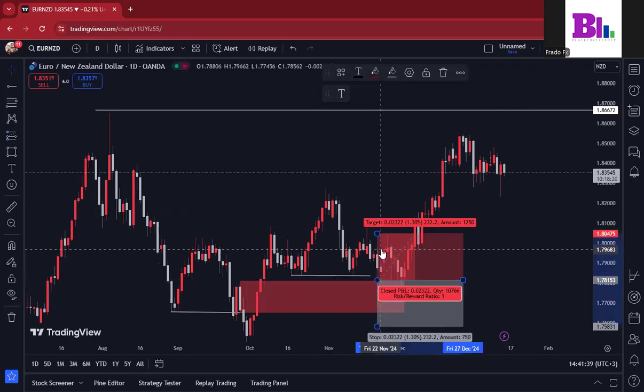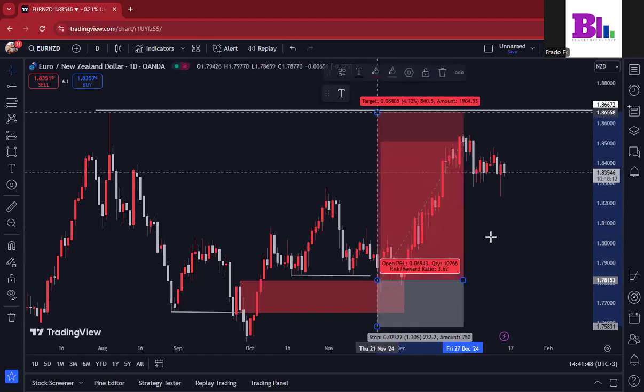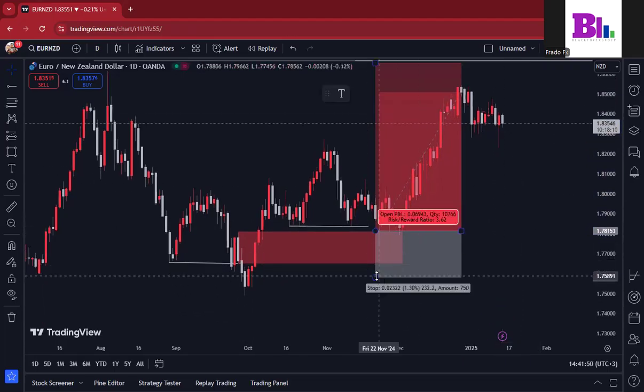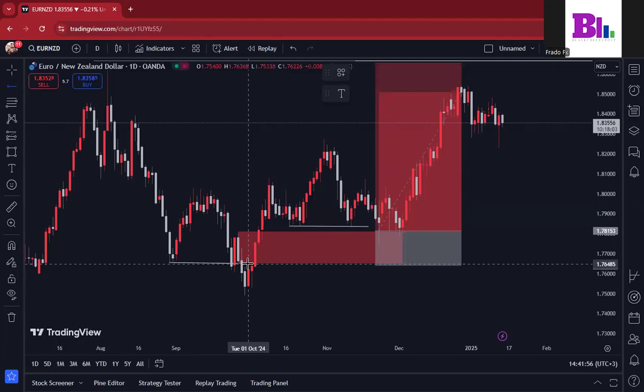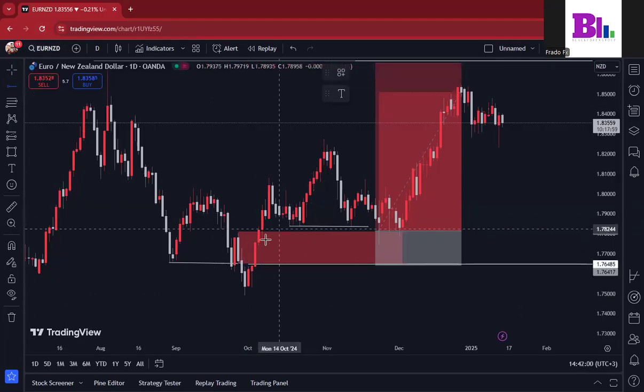at the breaker block here down. You can see, apart from having a breaker block, we had what we call a fair value gap. That's why we could confirm it very easily. Let me show you. You could see here we had our fair value gap here.